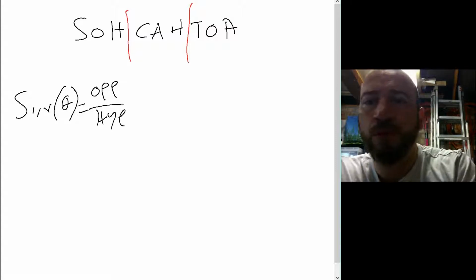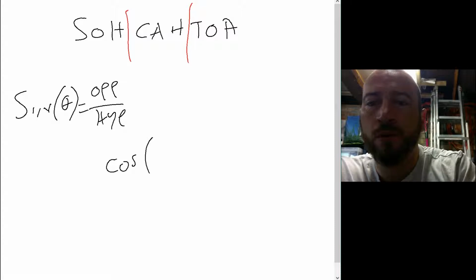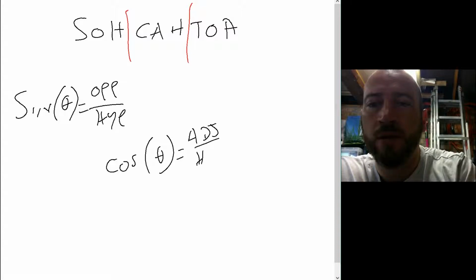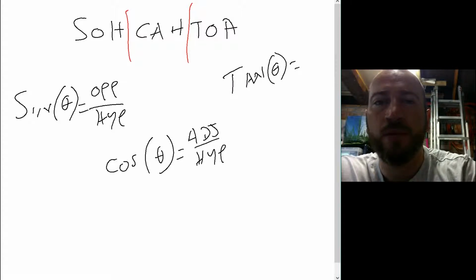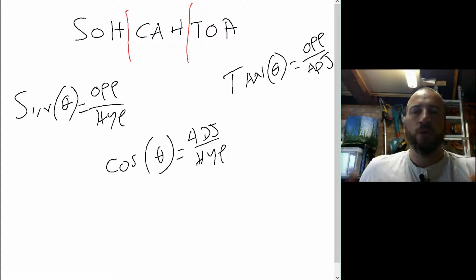CA, cos theta is equal to adjacent over hypotenuse, and TOA, tan theta is equal to opposite over adjacent. Now, what are we talking about with opposite, adjacent, and hypotenuse?